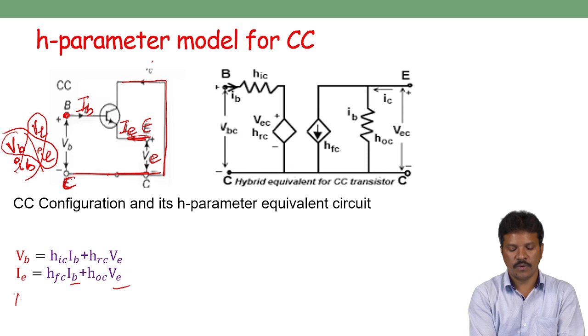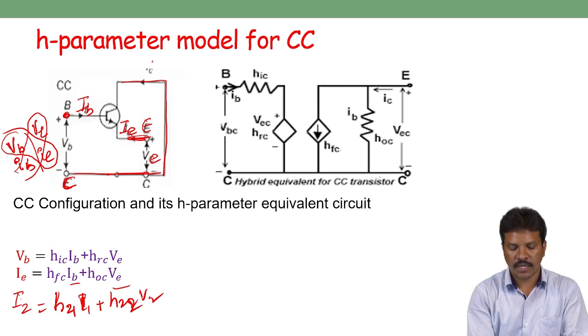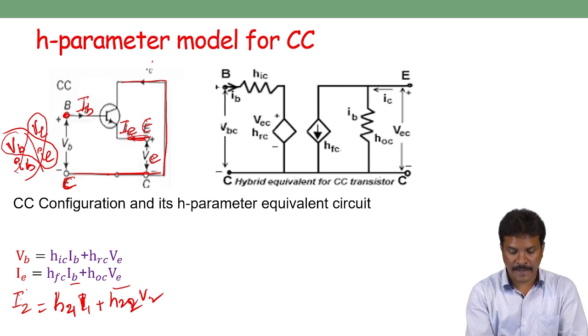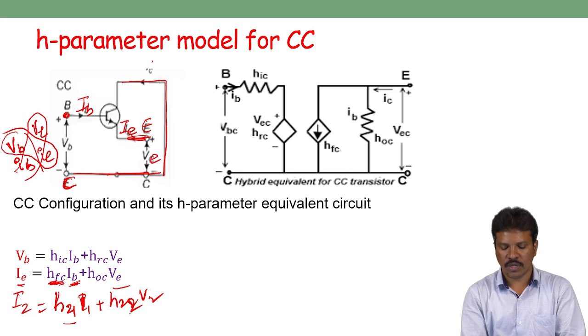Similarly, I2 is equal to H21 I1 plus H22 V2. What is I2? The output current. Here, for the common collector, the emitter current is the output current. IE is equal to H21, the forward current gain HF, which for the common collector is HFC, multiplied by I1, the input base current, plus HOC, the output admittance, multiplied by the output voltage VE.